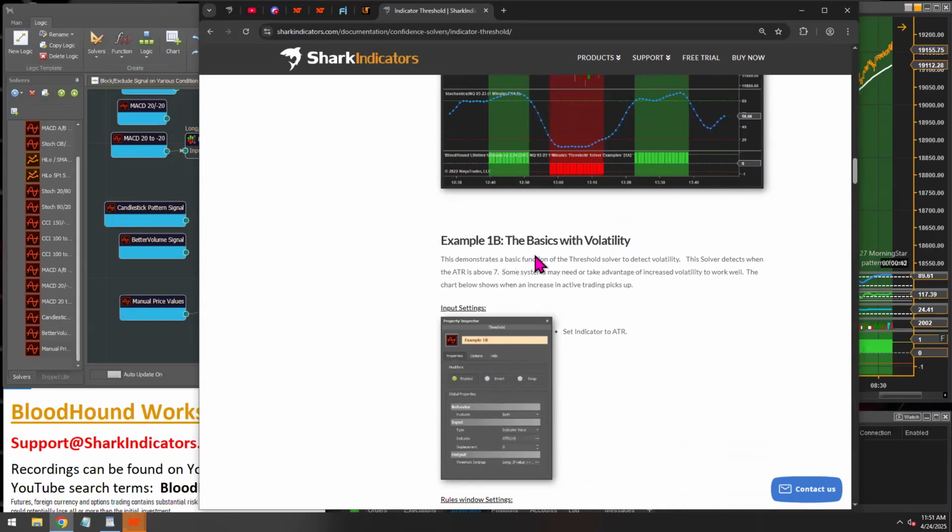Another way to look at this is volatility. This uses the ATR to measure volatility. We could check to see if the ATR is above some level, so the market has enough volatility in it to trade.